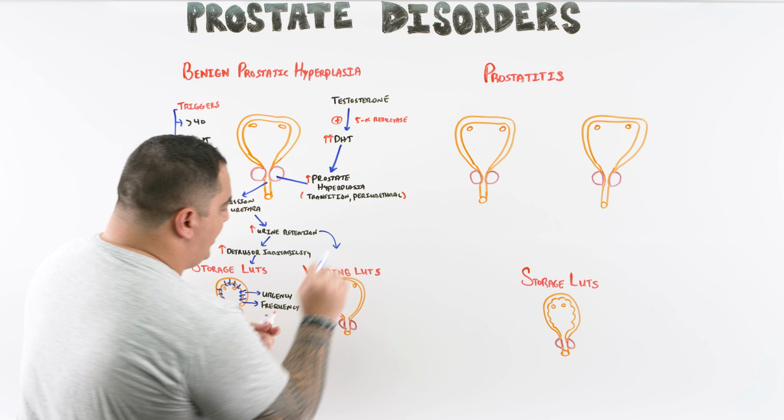There could be other things; sometimes people have increased DHT through certain diseases, but oftentimes it's related to increasing age. Just so we remember, let's put here that it also could be due to increased DHT.